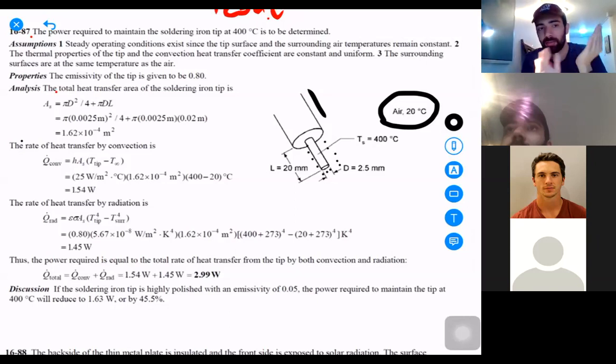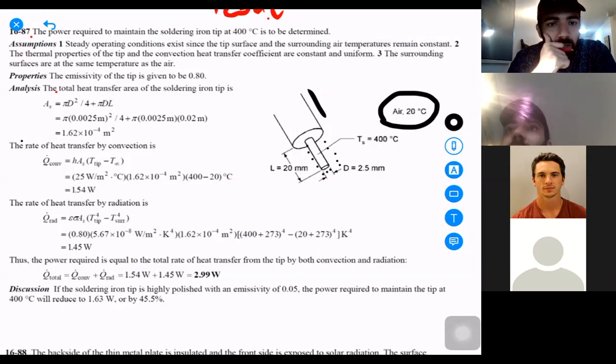The difference in density will make the air flow and move around the tip of my soldering iron. That's why I would use a convection term here.